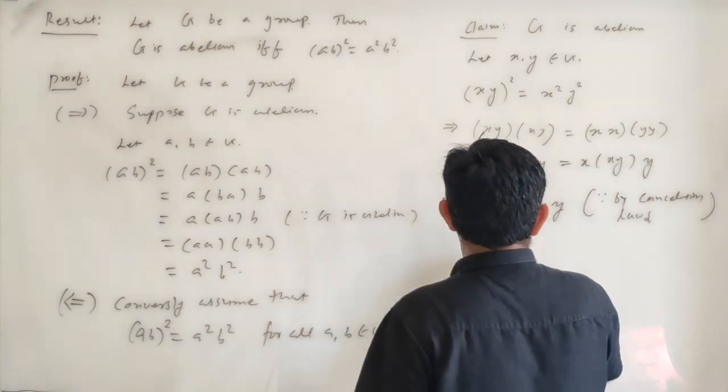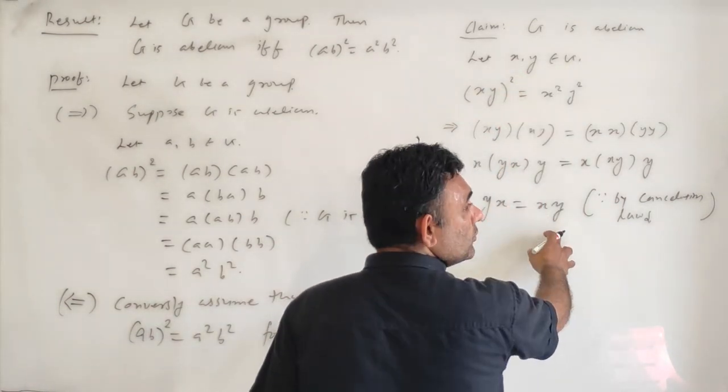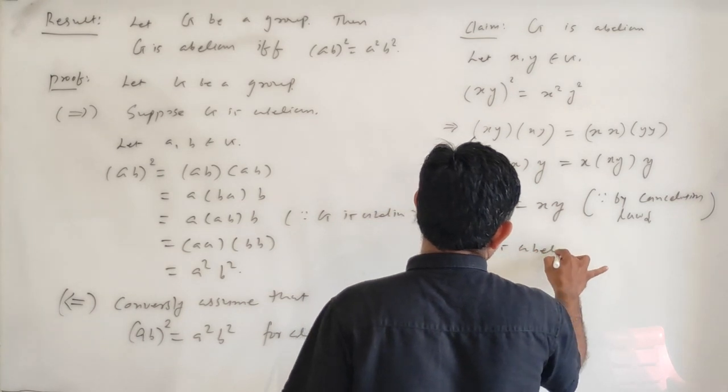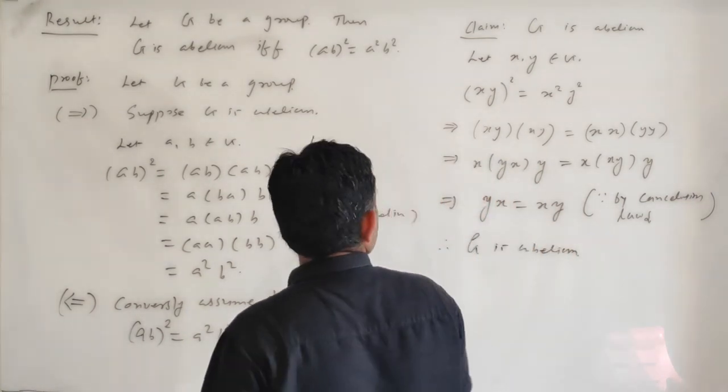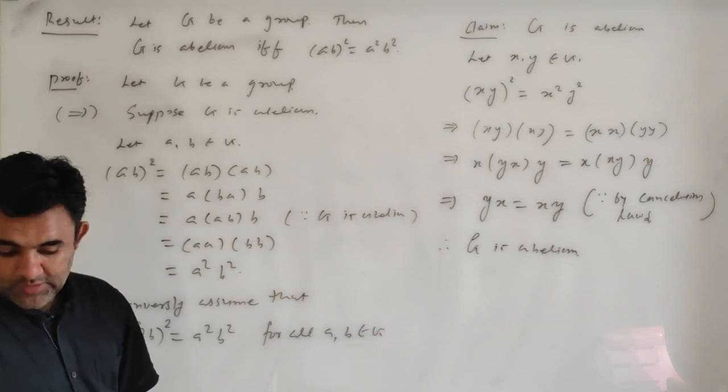Okay. So what have we proved? For any x, y in G, yx is equal to xy. So therefore G is abelian. And that's it. So this proves that the group is abelian.